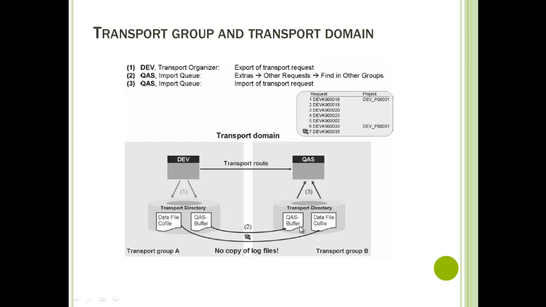So what happens is, if you create a TR from the development system, then it will be exported to this particular transport directory. Once you add this transport to the QAS buffer, then the files need to be copied from the development system to the QAS system.